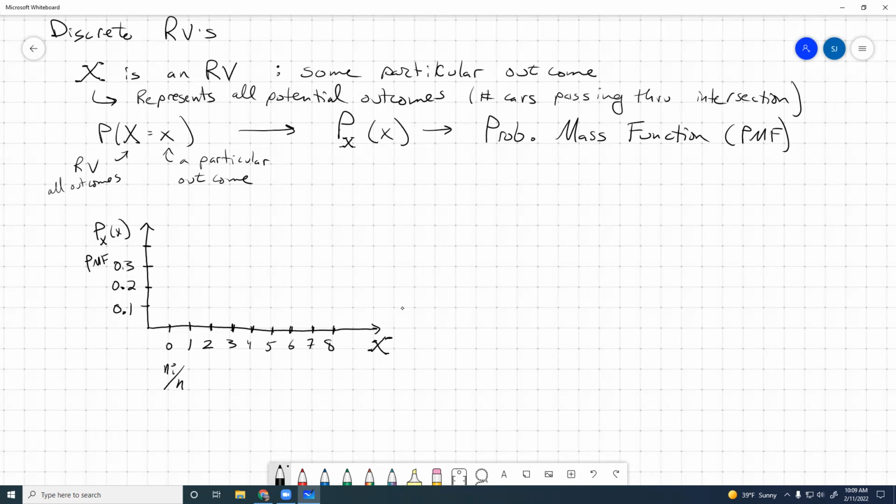And we'll plot that. Okay, and we have at most 5, and then we don't have 6 cars in our data set.